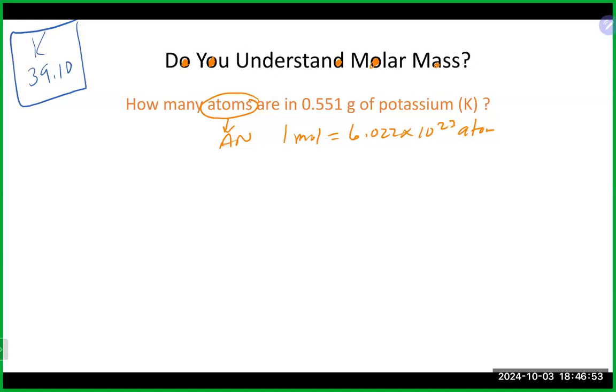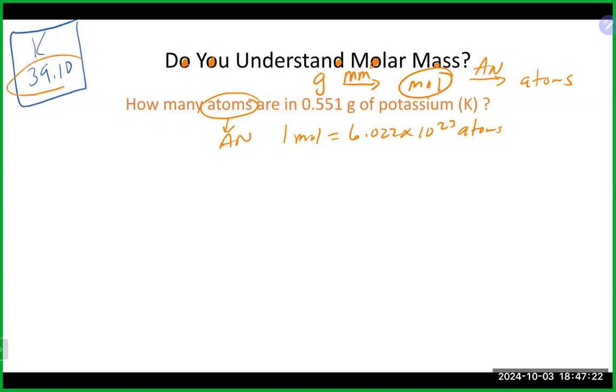We are starting with grams, and we want to get to atoms. As we just talked about, what ties both of those together in the middle is moles. So we need to go from grams to moles using the molar mass from the periodic table. Once we have moles, we can then use Avogadro's number to finish the whole journey.